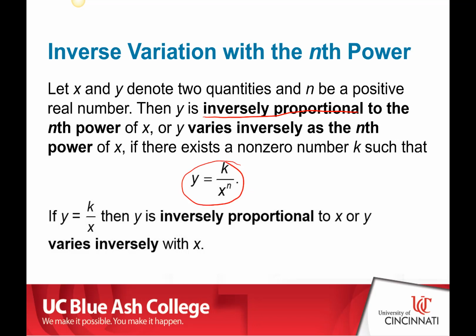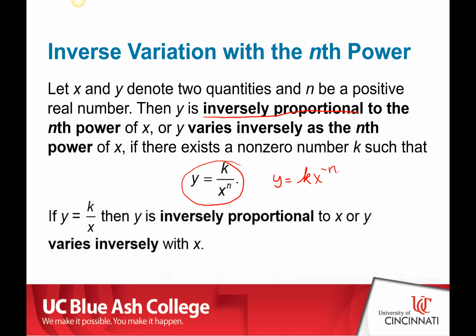An equation like that looks like you still have your k, but the x is in the denominator. Now you've got to be careful because sometimes it'll be written like this: k x to the negative n.